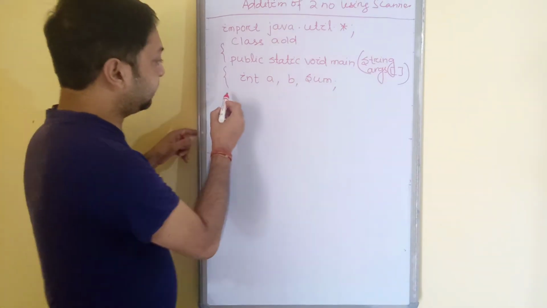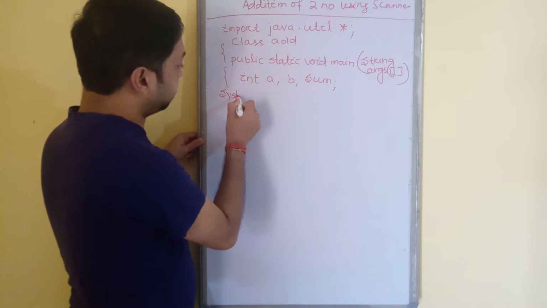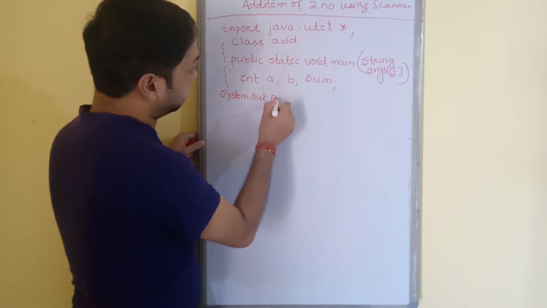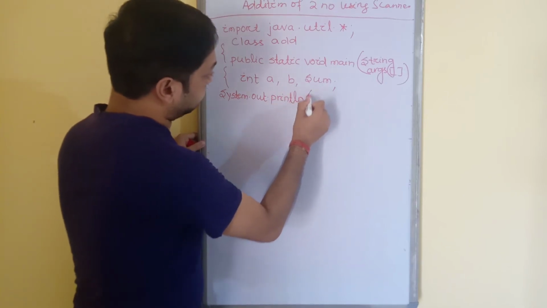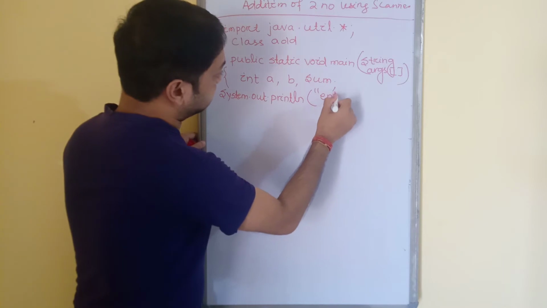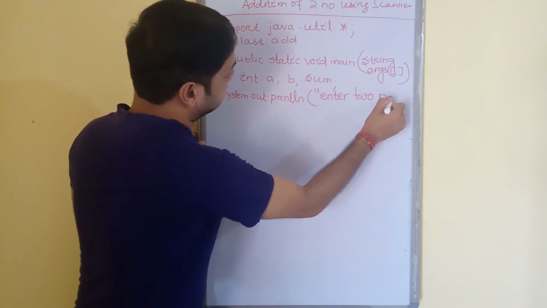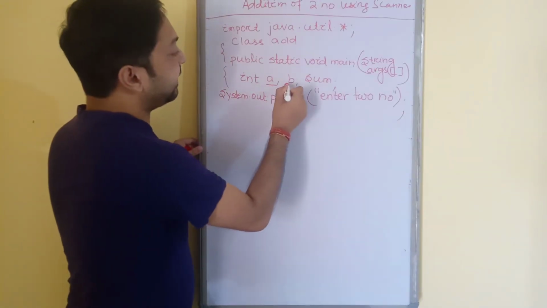Similarly in Java I give a message with System.out.println, enter two numbers. The two numbers will be a and b.